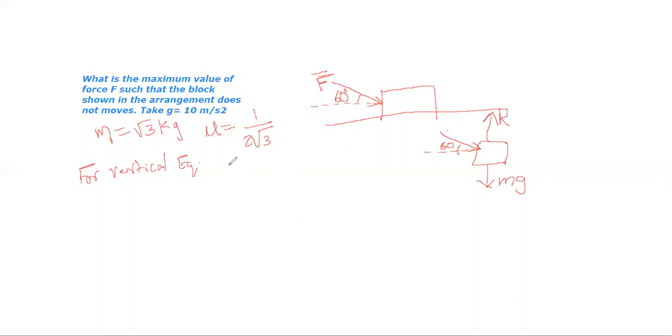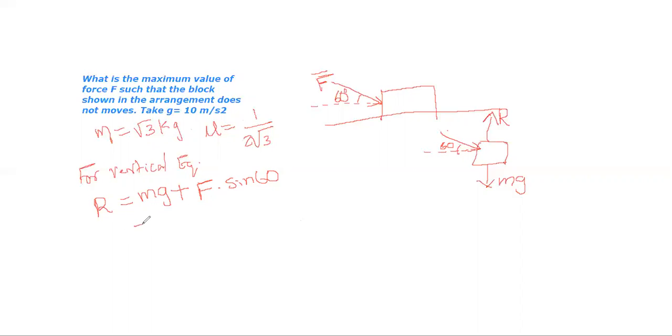So in the case of vertical equilibrium, we can write that the normal force R must be equal to the mass times gravity of the block plus the vertical component of the force, the sine component, F sine 60. So that is the condition for vertical equilibrium.